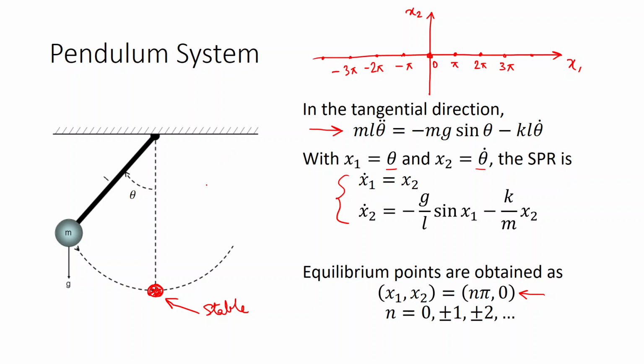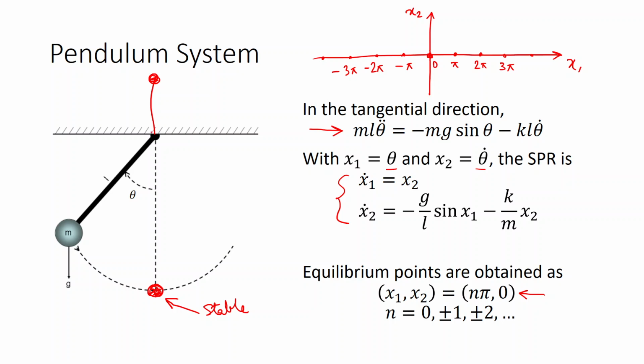What is the equilibrium point which is pi, 0? So pi, 0 is this equilibrium point, which is vertically upwards. Excuse my drawing, this is not a straight line anyway. So you understand that we have the vertically up equilibrium point. Here also your theta dot, which is x2, would be 0, and your theta is basically pi here.